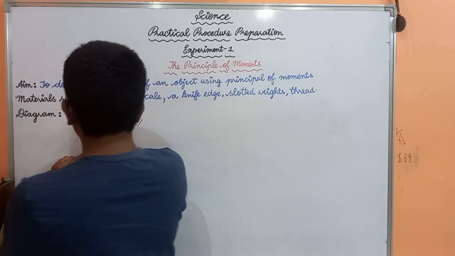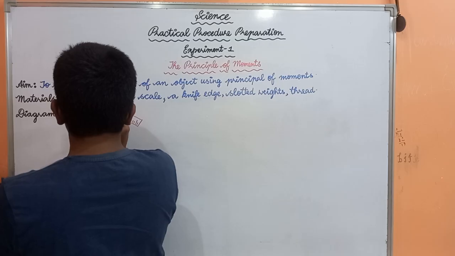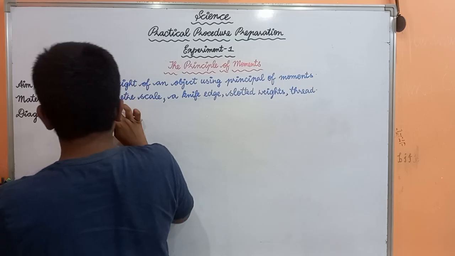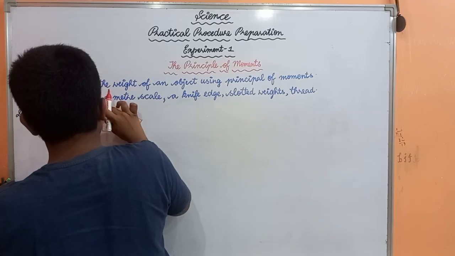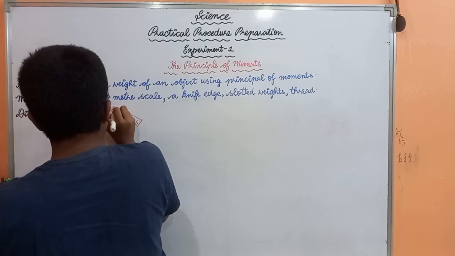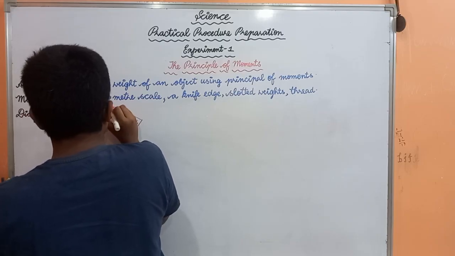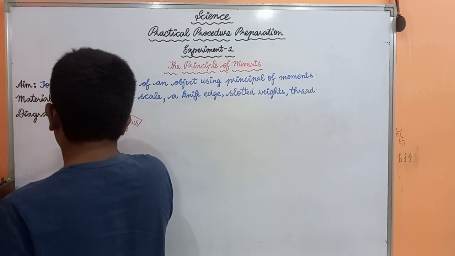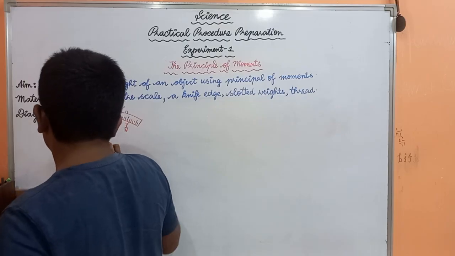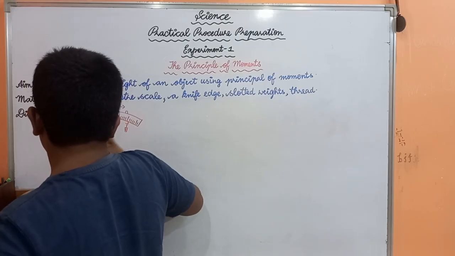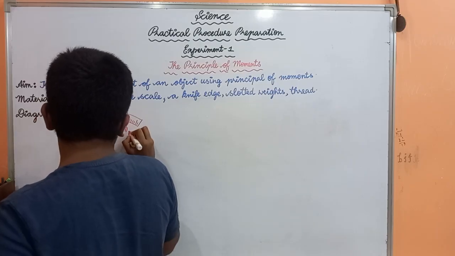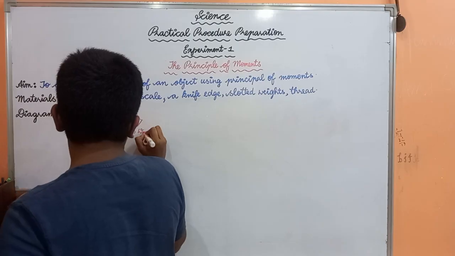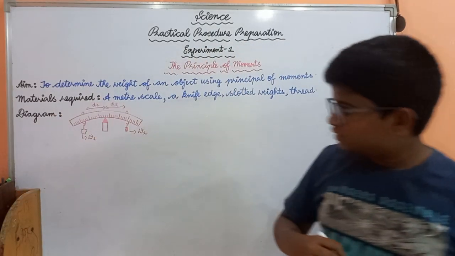So from the middle, this is D1, D2, and this is W1, which is weight 1, weight 2. This is the diagram.